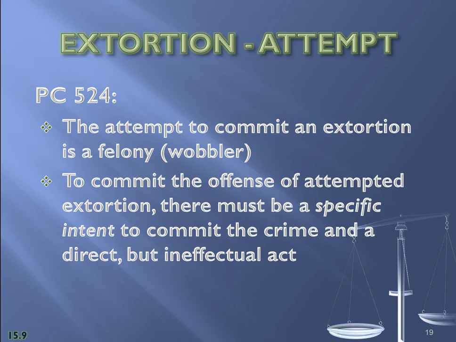So to kind of discuss it a little bit further, one is guilty of the crime of attempted extortion when his or her acts are ineffectual in bringing about the contemplated result of extorting money or property from the intended victim. Does that kind of make sense to everybody?